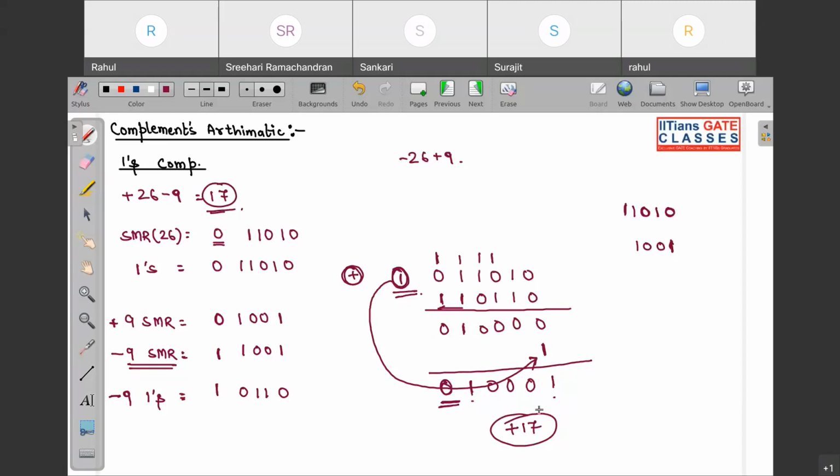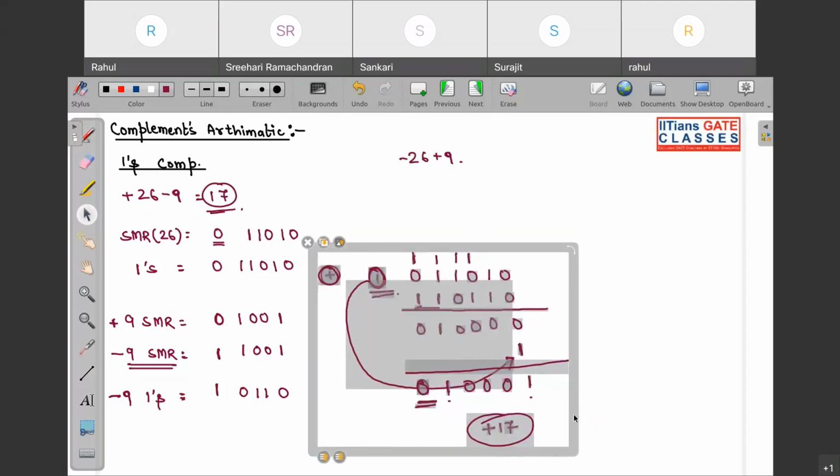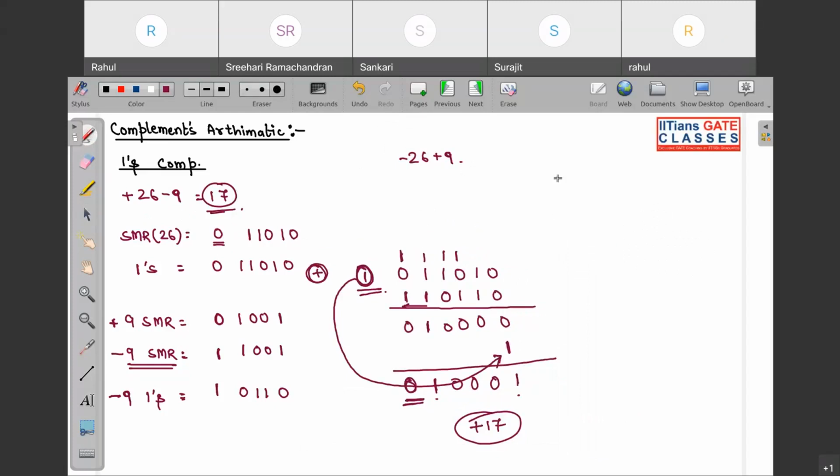Is this process clear? Okay, so now let us solve minus 26 plus 9. Okay, minus 26 plus 9. So I will solve it over here. So plus 9 in sign magnitude representation will be 0 1 0 0 1. 26 in sign magnitude representation, minus 26, will be represented as 1 1 1 0 1 0.